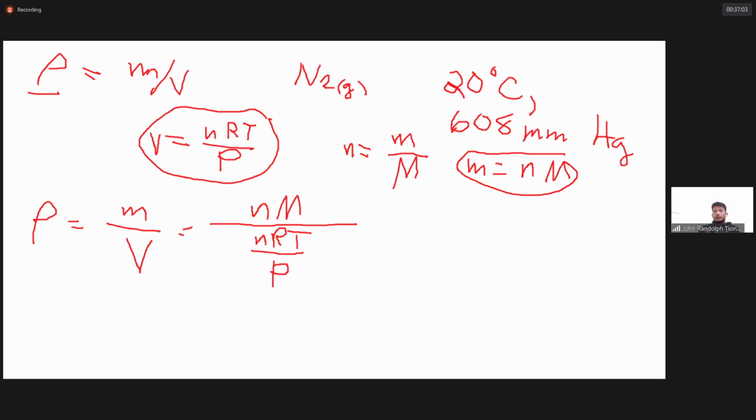Yep, correct yan. Yung sa pressure, correct yan, Carol? Hmm. MJ, check the formula there. Is there really a need for you to solve for the mass?